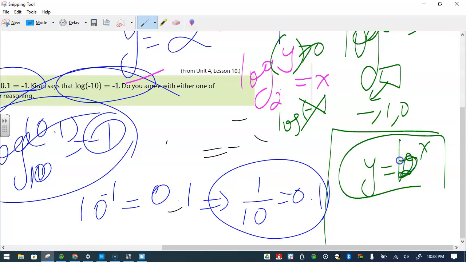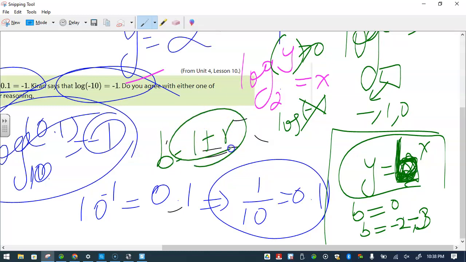The base b cannot be 0 or negative, and it cannot be 1. That's how the exponential function is defined.